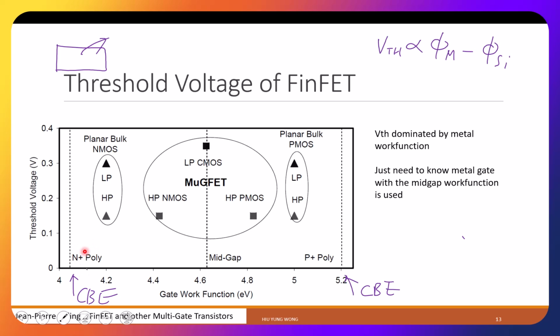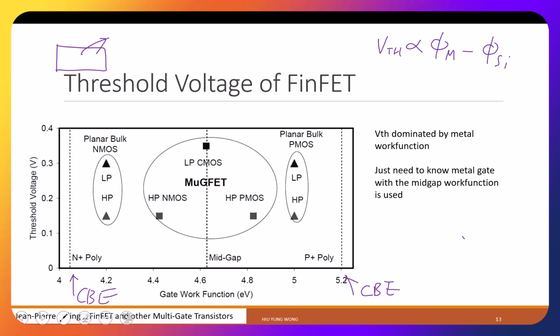But if you apply this to the FinFET, it won't work because the FinFET usually is undoped. It is thin. It doesn't have the depletion charge. So you need something closer to the mid gap. You cannot get this by using polysilicon, so you are forced to find special metal for that.